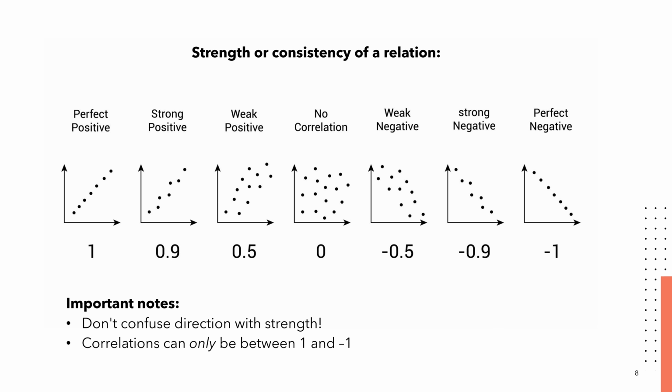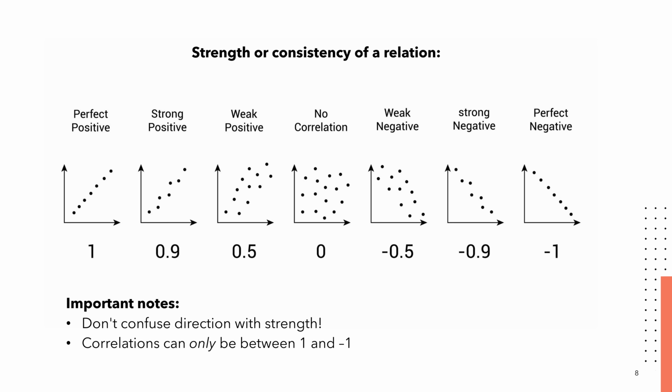Given that a correlation of 1 or -1 is rare, most correlations fall between 0 and 1 in either direction. You can see that a correlation of 0.5 shows some trend, but the scores are spaced out. But as you start to get closer to 1, the correlation becomes stronger.